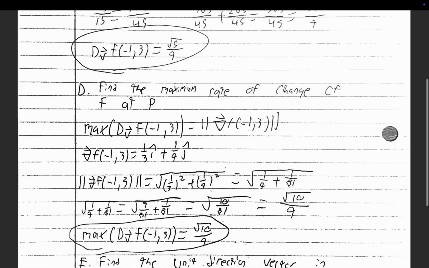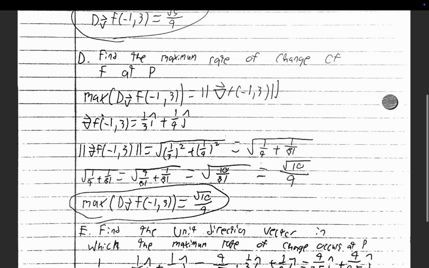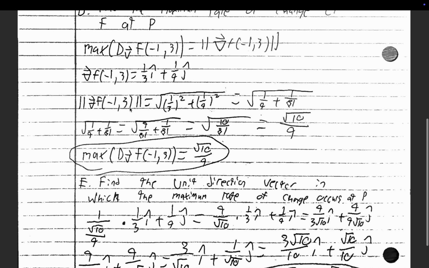For D, we need to find the maximum rate of change of f at the point P. This is defined as the magnitude of the gradient of f at the point negative 1, 3. From part B, the gradient of f at the point is 1/3 i plus 1/9 j. We square these components and put them under a square root.